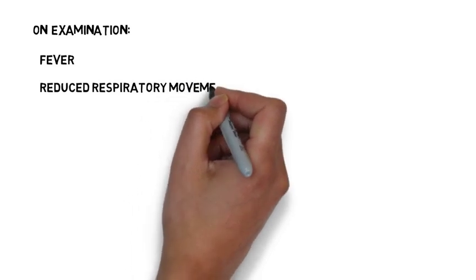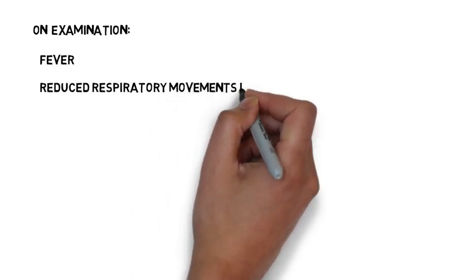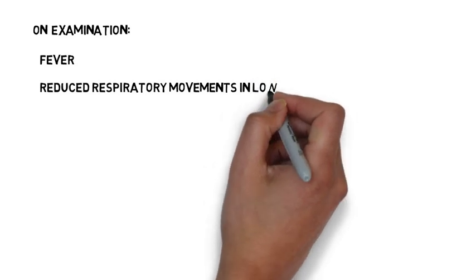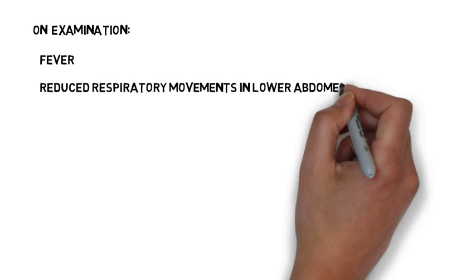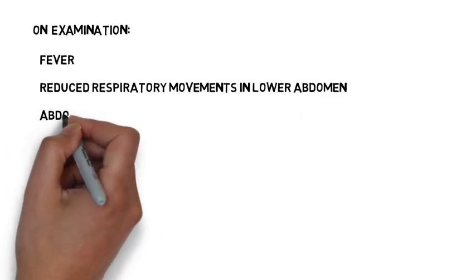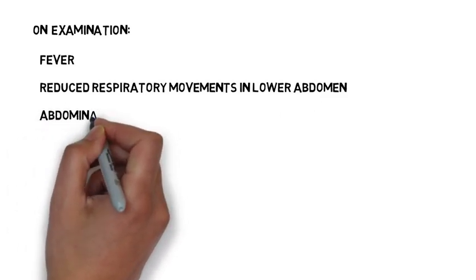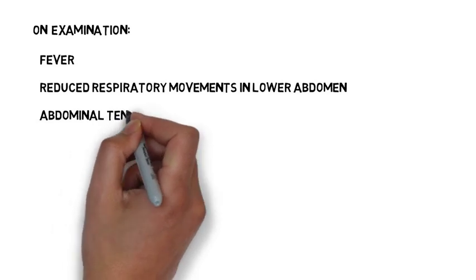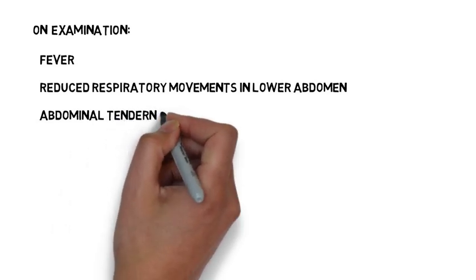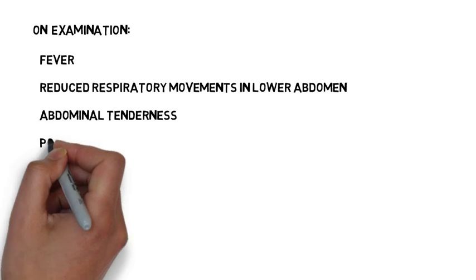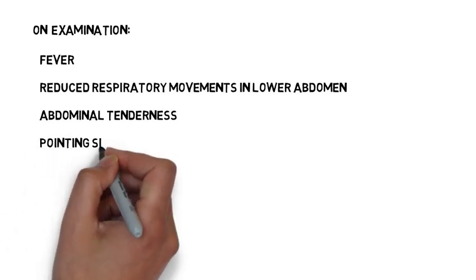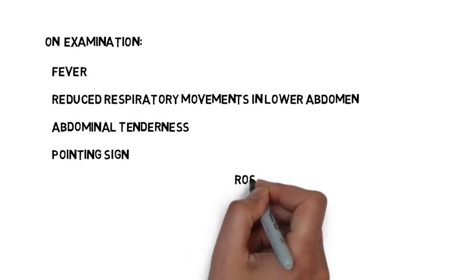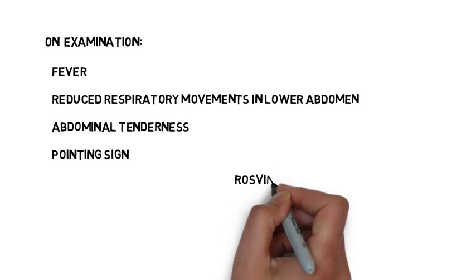So the patient reduces his or her respiratory movement in the lower abdominal part. So there is reduced respiratory rate, and then there is abdominal tenderness, as I have discussed earlier, and the doctor usually asks for the pointing sign.